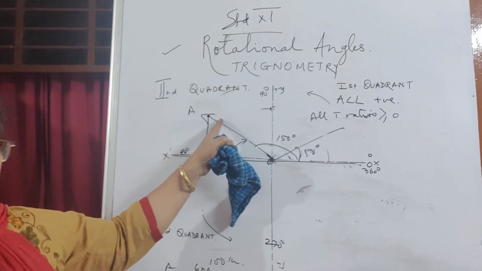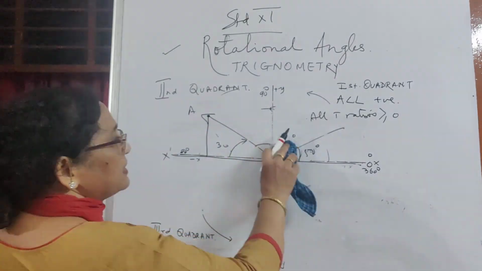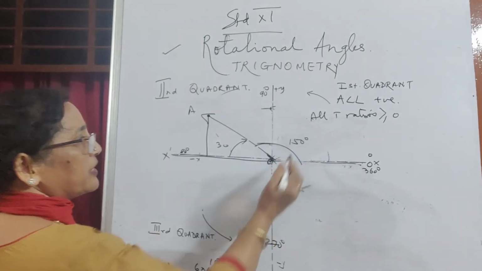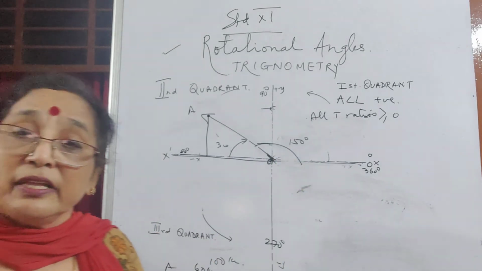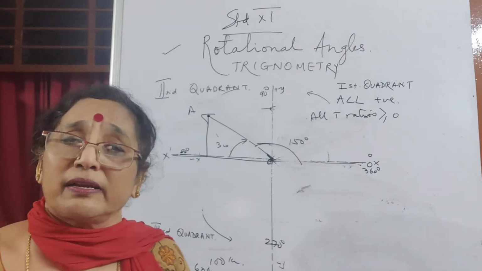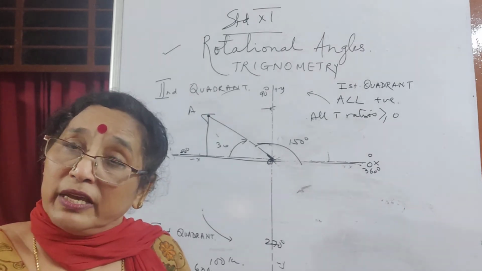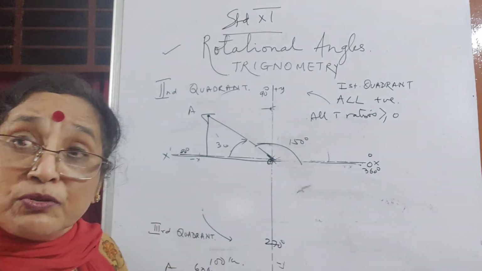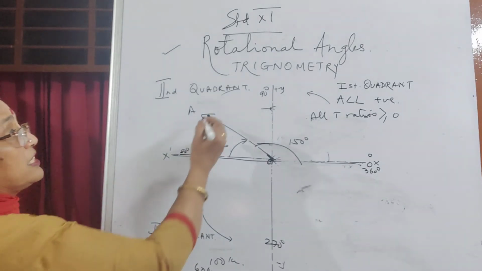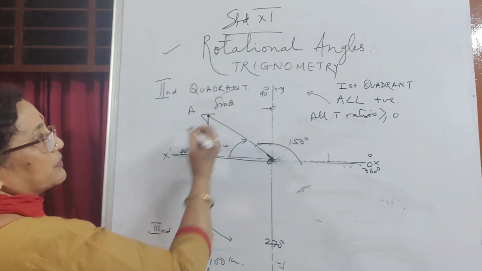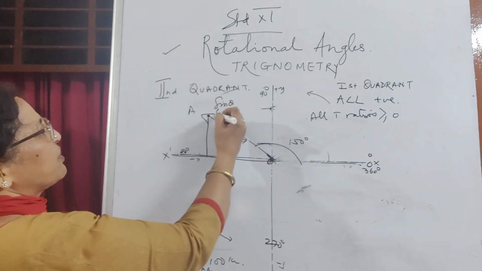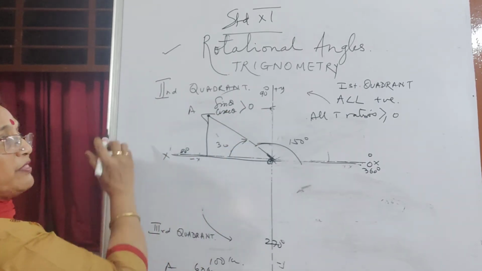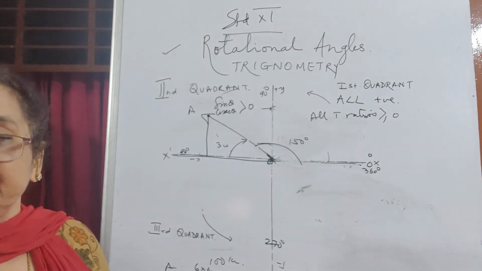Now we come to, I love this. I told you 150 is the same. So the second quadrant: if any angle is in the second quadrant, that means t ratios of obtuse angles, sine and cosec will be positive, and the rest 4 will be negative.